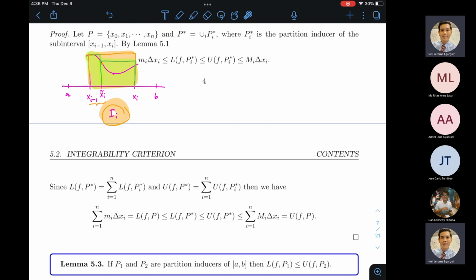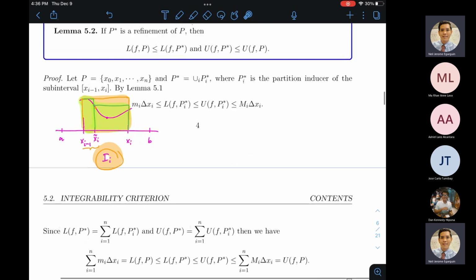But I hope you guys get the gist of the proof of lemma 5.1. And actually, it inherits the property of suprema and infima. Kapag ka kumukuha ka ng infimum ng isang subset, mas malaki yung nakukuha mong value. Right? Tapos pag kumukuha ka ng supremum ng isang subset, mas maliit yung nakukuha mo kaysa sa supremum ng mas maliit na set. Alright? So ganito rin yung argument for that. Okay?